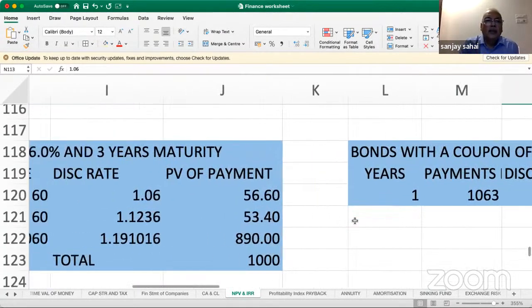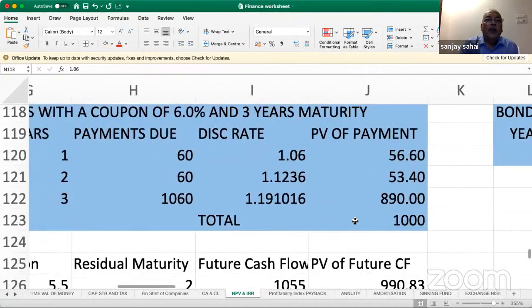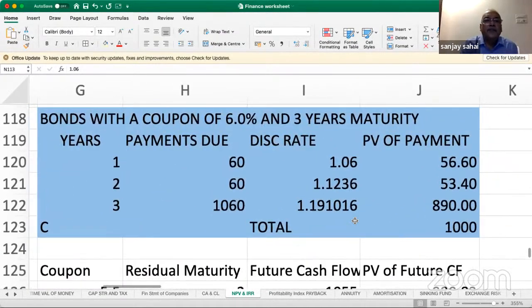So what happens to this bond where there is no change? Anjali, this is that particular case where you were in slight doubt. In the case of a bond which has a coupon of 6%, 3 years maturity, there is no change in the coupon as far as this bond is concerned, because it was at 6% and the new rate is also 6%.